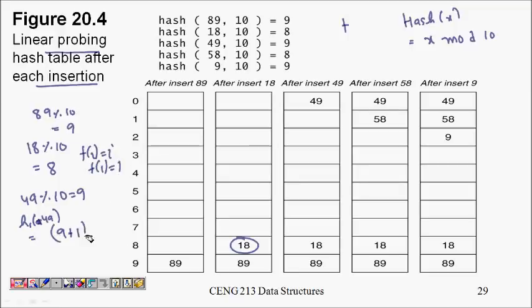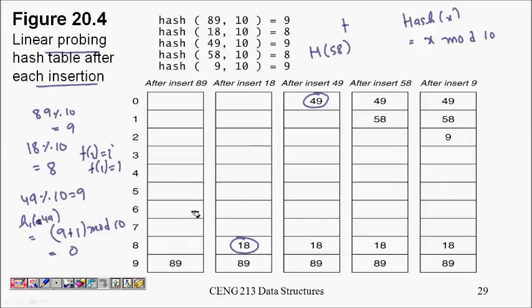So it will be 9 plus 1 mod table size 10, so 10 modulo 10 is 0, so 49 comes here, okay. That's good, because now we are not going into a linked list, and so much free space is still there.